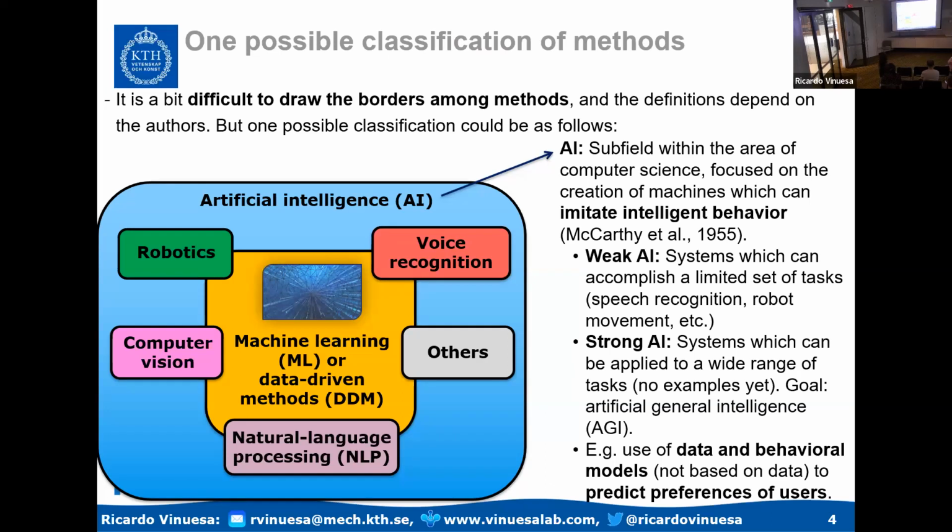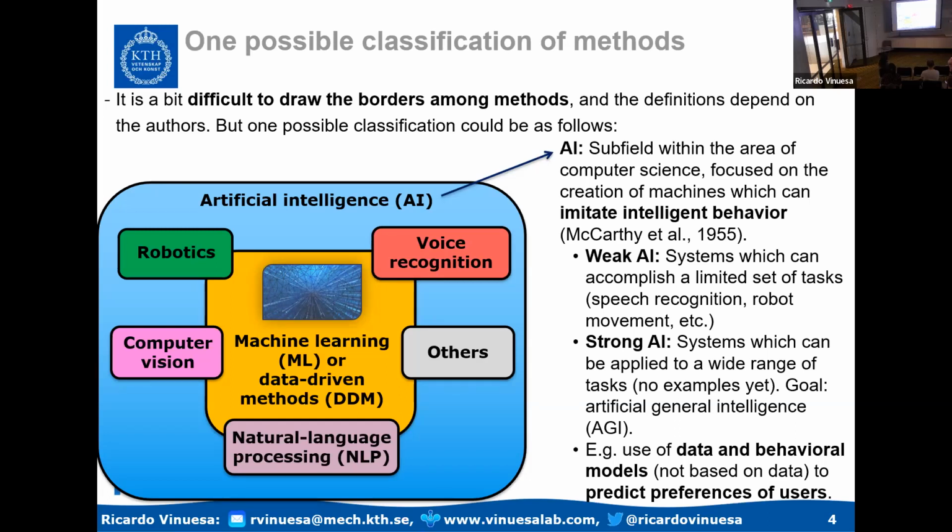So if you're using an algorithm to analyze Facebook data and see which is your favorite football team to give you advertisements of t-shirts or whatever, and in addition to your data they're using some psychological behavioral models that go beyond purely the data, then that could be considered AI. Again, this is not the only classification of methods, but this is the way that I look at these various approaches. So AI is data plus something else in general.